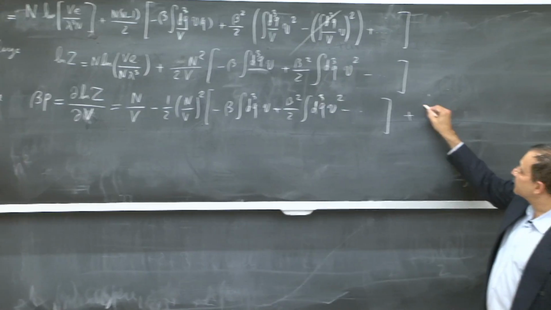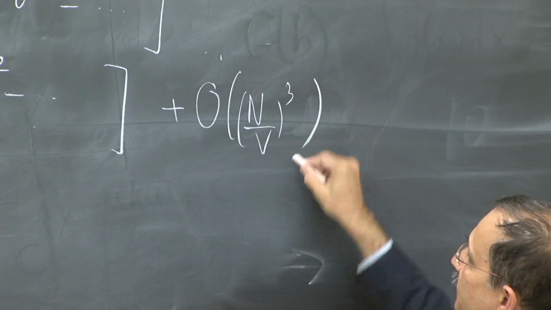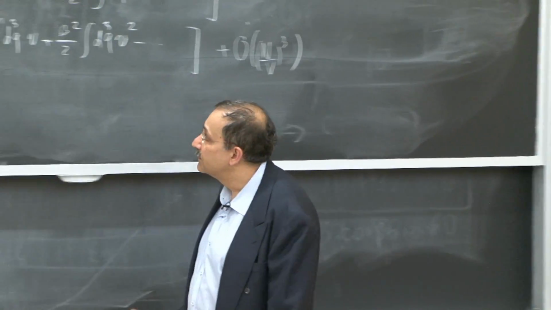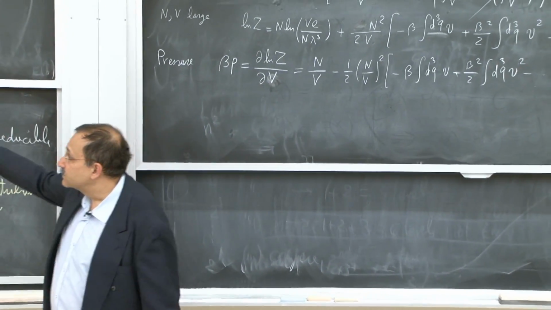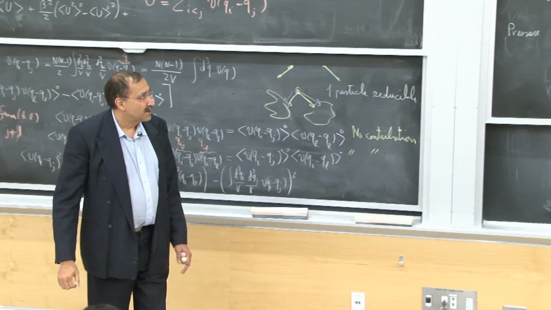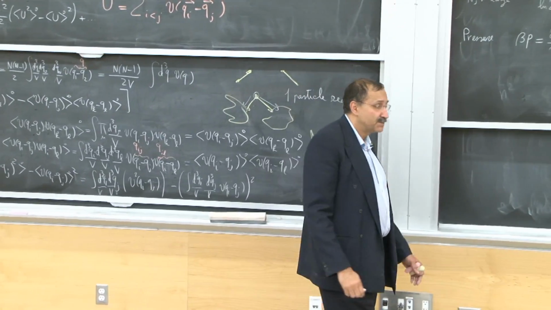And that would give me something that would be of the order of the density cubed. So ultimately, this series in perturbation theory, as we shall see also more precisely, can be organized in powers of density.